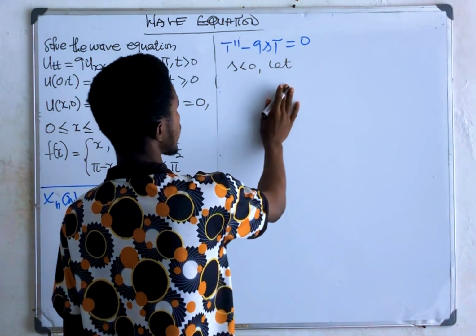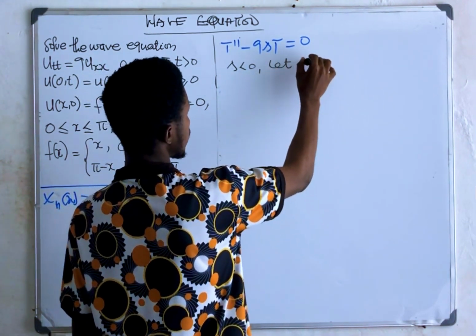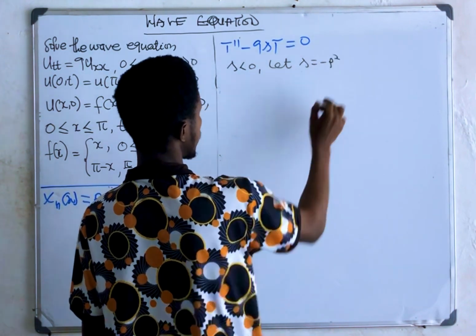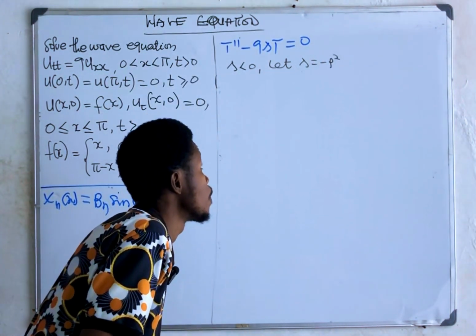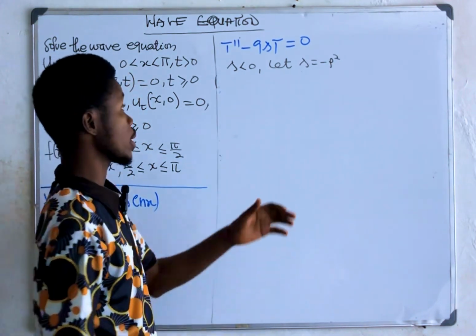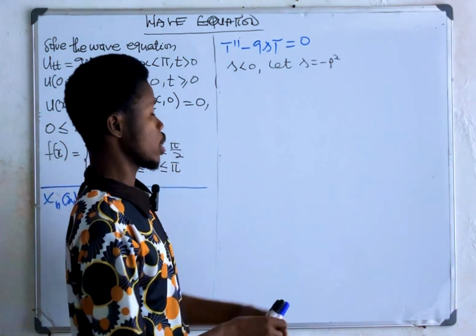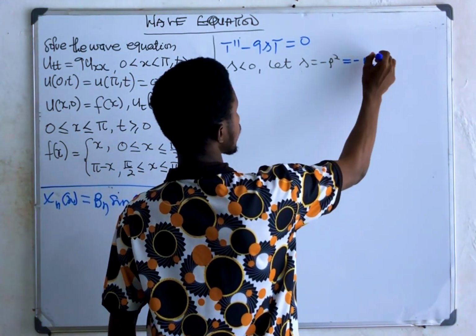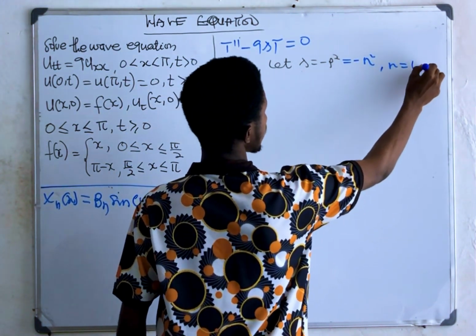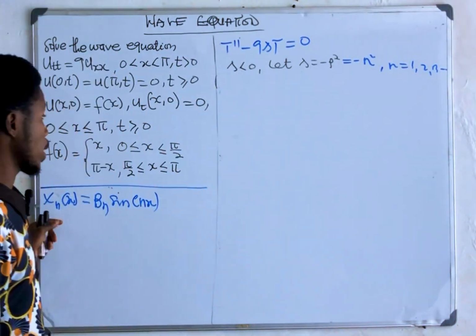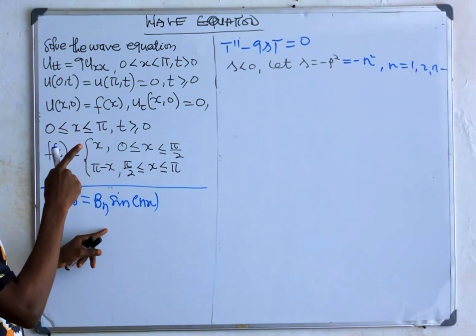So it means we let our lambda be equal to negative p squared. In some books, you see that straight away they will change this p squared to negative n squared, where n is equal to 1, 2, 3 to infinity.